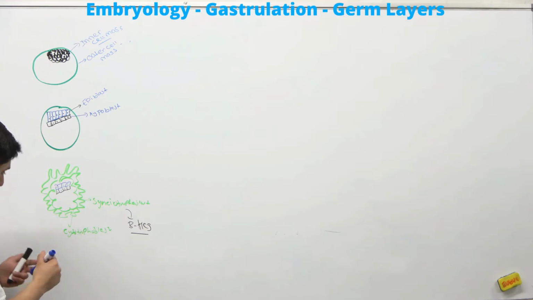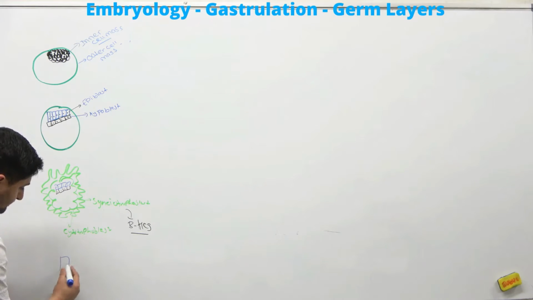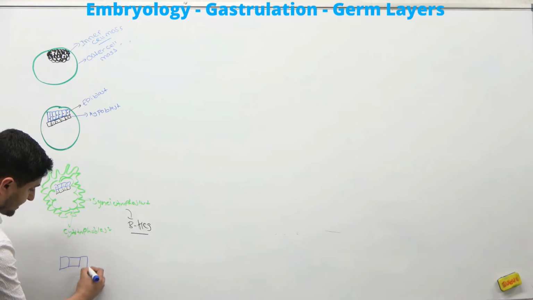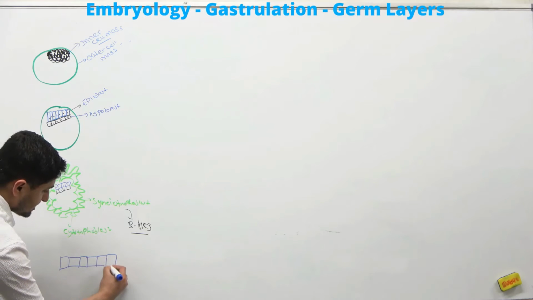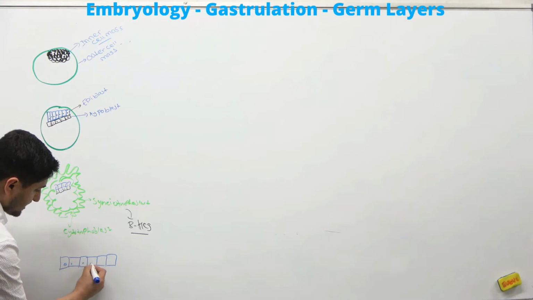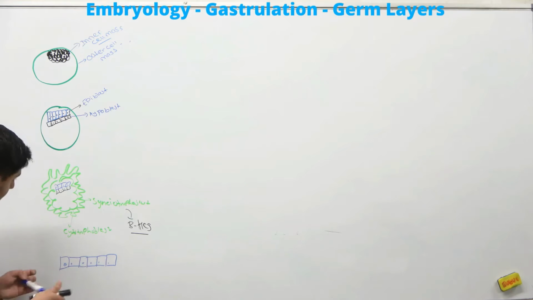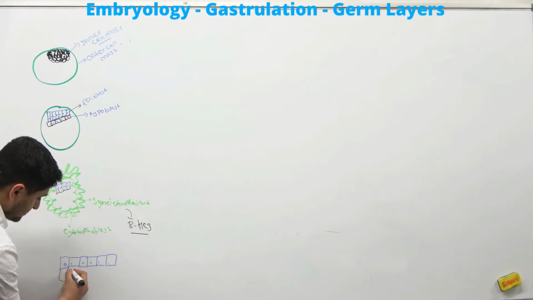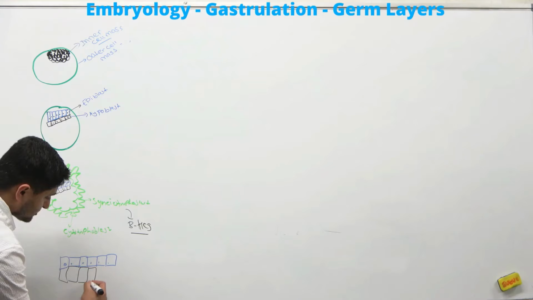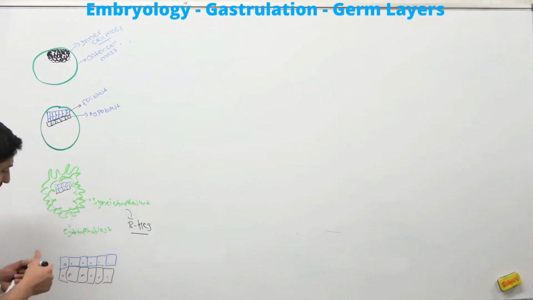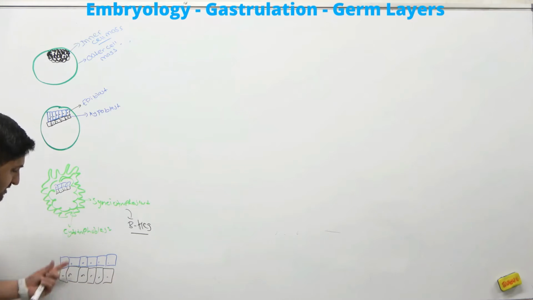If I make the cells, you basically have cells that look like this. Let's say this is the epiblast, and then you have other cells right here, which are cuboidal in nature. This is what is called the bilaminar disc.